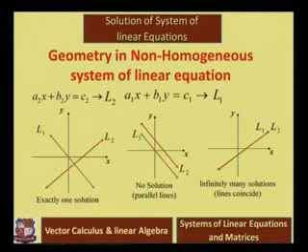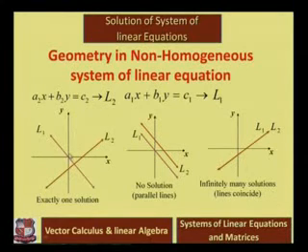See the current slide, the geometry behind the non-homogeneous equation. Let two lines be a1x plus b1y equals c1, that is line L1, and another line a2x plus b2y equals c2, that is L2.